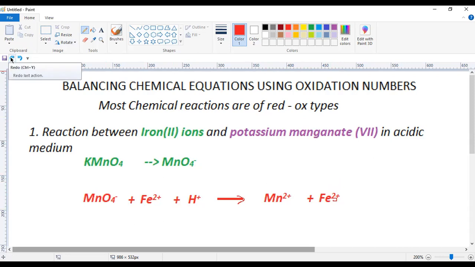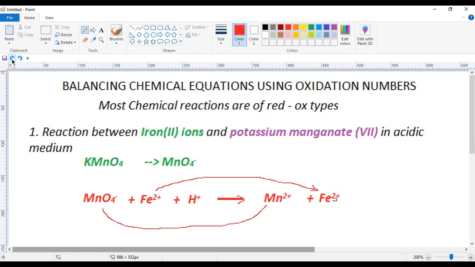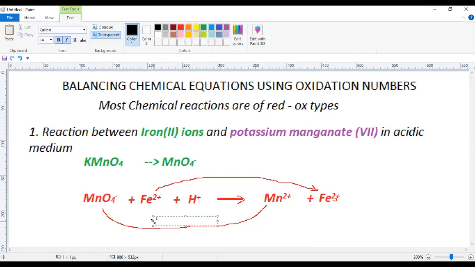Two reactions happen. If you see this clearly, you can see Fe2 plus goes to Fe3 plus. In the meantime, MnO4 minus goes to Mn2 plus. This MnO4 minus going to Mn2 plus is a reduction reaction.